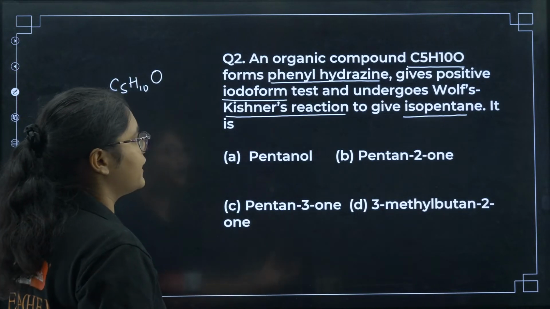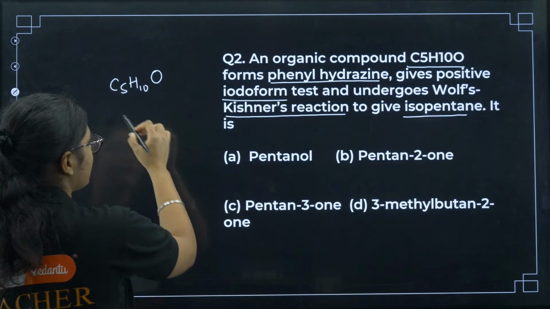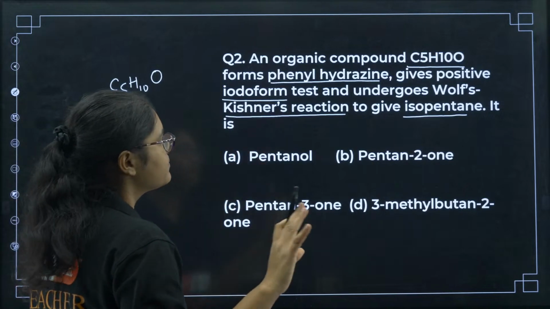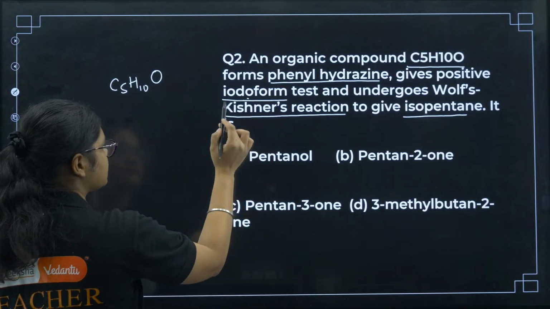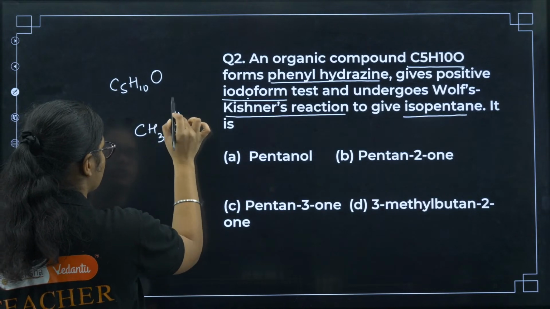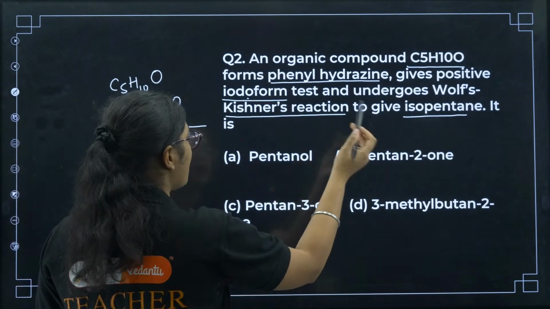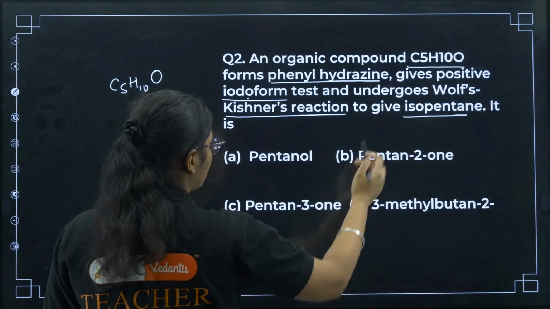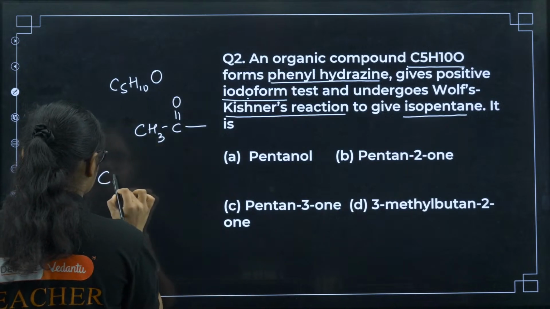It forms phenylhydrazone, so you can guess this can be either a ketone or an aldehyde. It is not an alcohol. It gives a positive iodoform test, which means the CH3CO group should be present. And it undergoes Wolff-Kishner reaction to give isopentane.